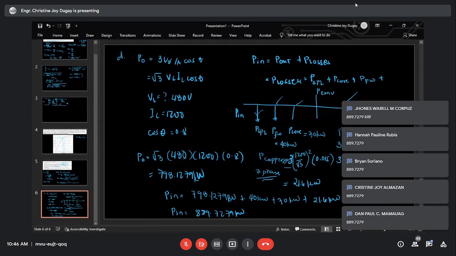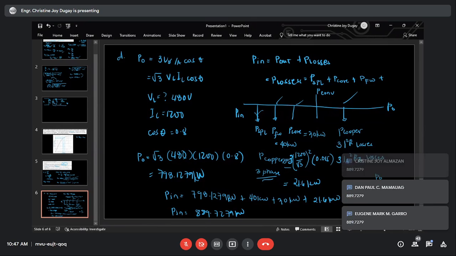So efficiency, madali lang naman ang efficiency, di ba? P output over P input. So ano na ang efficiency po natin?